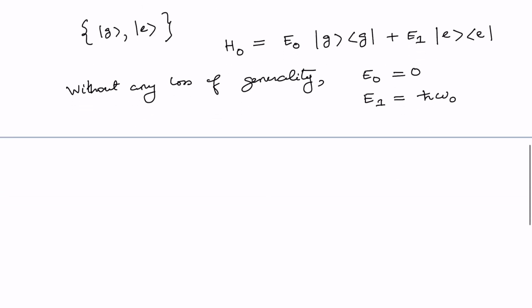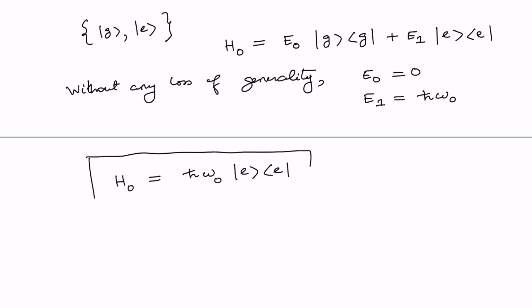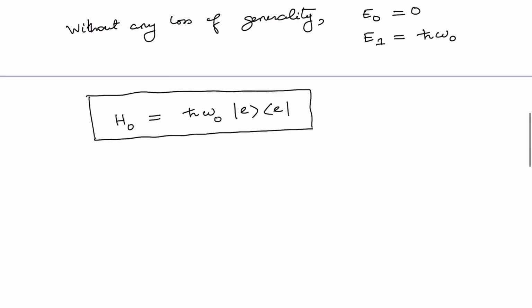And then this Hamiltonian for the bare atom or the isolated atom, when it is not interacting with any field, we can write as ħω0 |e⟩⟨e|. So this is the Hamiltonian of the two-level atom when it is not interacting with the light field.